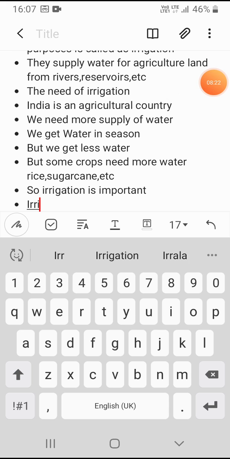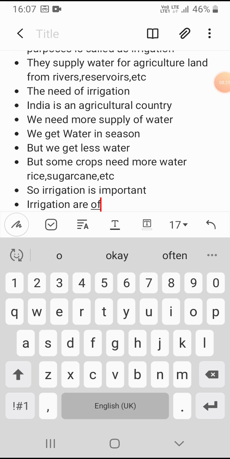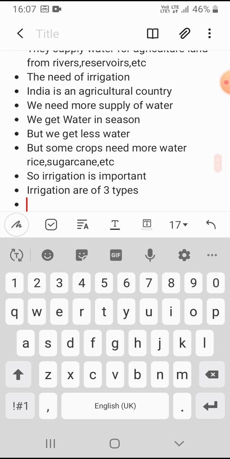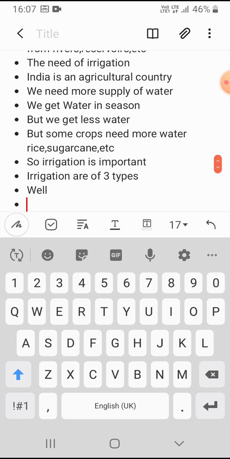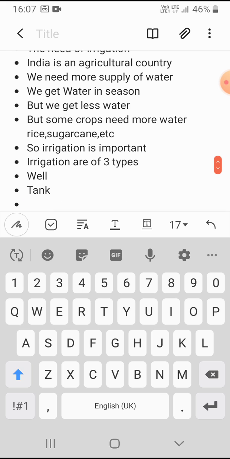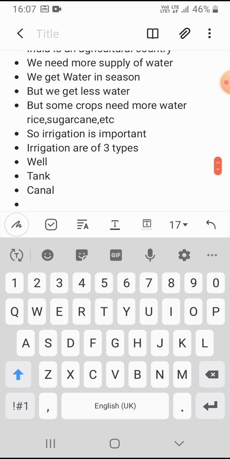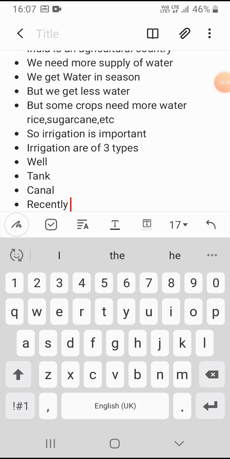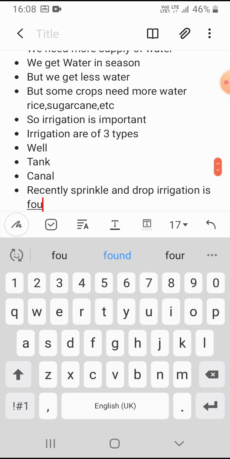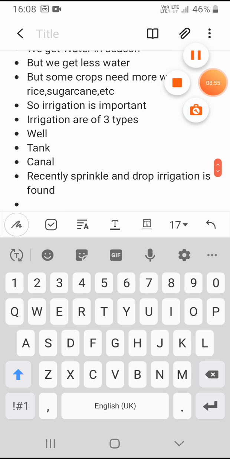Irrigation is of three types: well irrigation, tank, and canal irrigation. In addition, sprinkler and drip irrigation have been found recently.